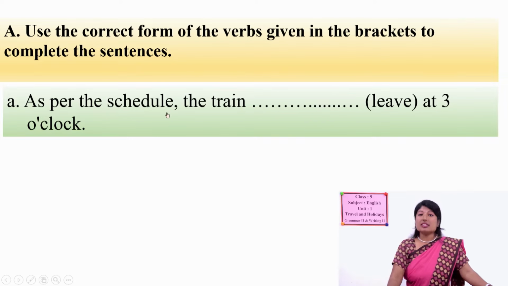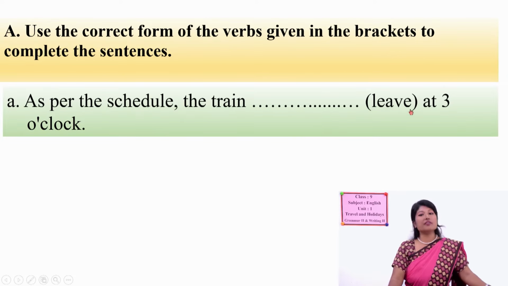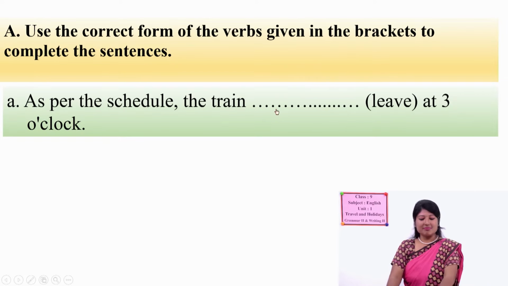As per the schedule, the train leave at 3 o'clock. So what can we feel over here? What is the correct form of the verb leave? The correct answer is leaves, right? Good.